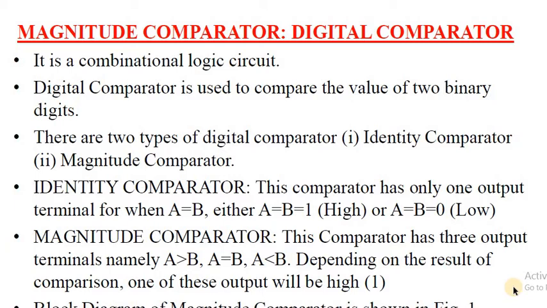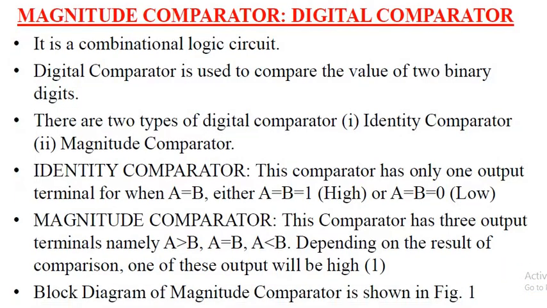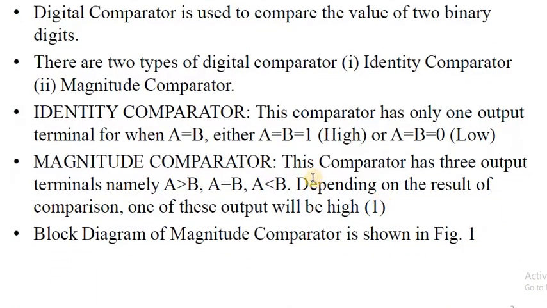Therefore, this comparator has three output terminals, namely A greater than B, A equal to B, and A less than B. Depending on the result of the comparison, one of these outputs will be high.